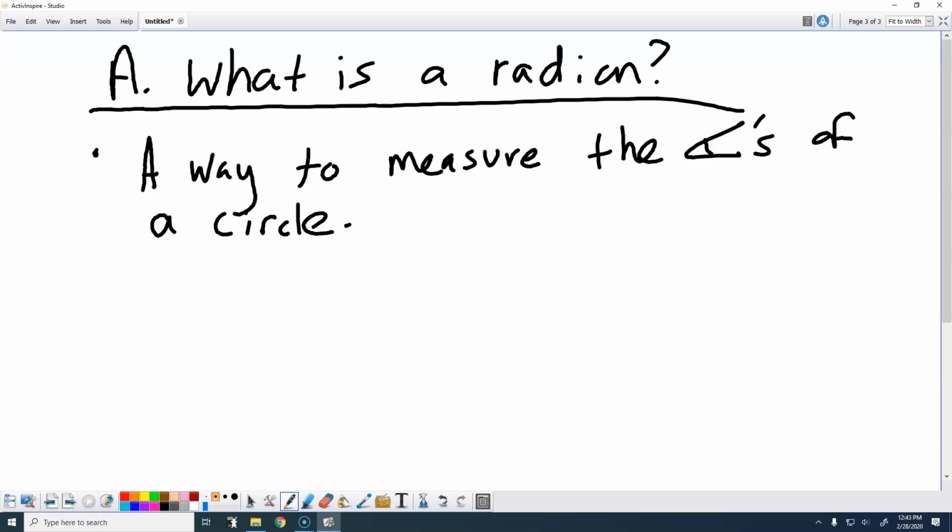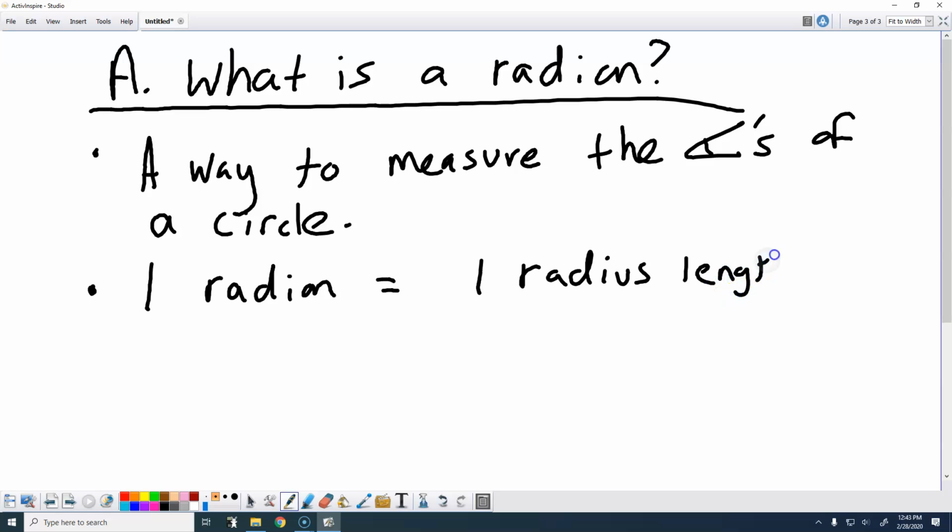Second, 1 radian equals 1 radius length on the circumference, and we saw that that's about 57 degrees.